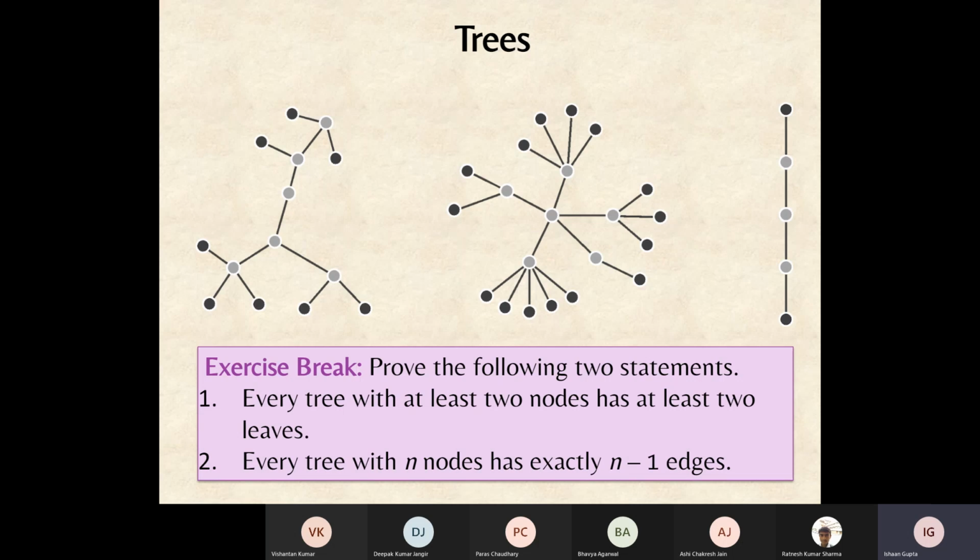One is that a tree which has at least two nodes is going to have at least two leaves, and a tree with n nodes has exactly n minus one edges. Can somebody tell me why? These are axioms, universal truths. Because n minus one edges, because there is no cycle in a tree. Exactly. Each node is connected only once to the other node and does not have a cycle, so it cannot be more than n minus one edges.